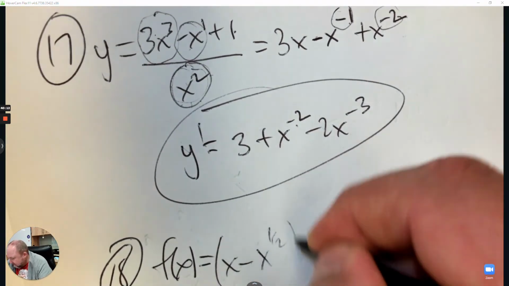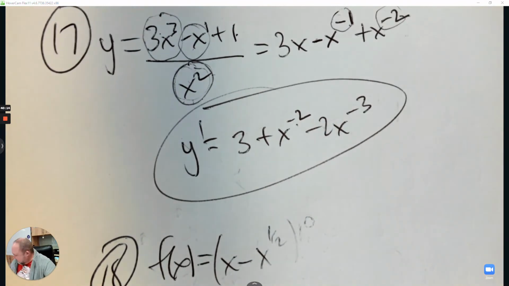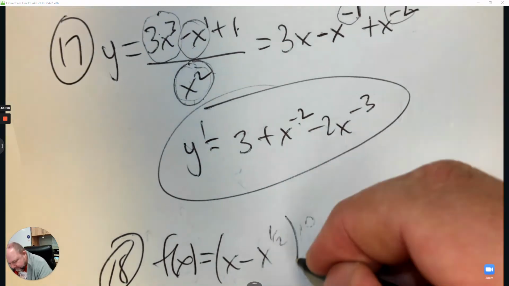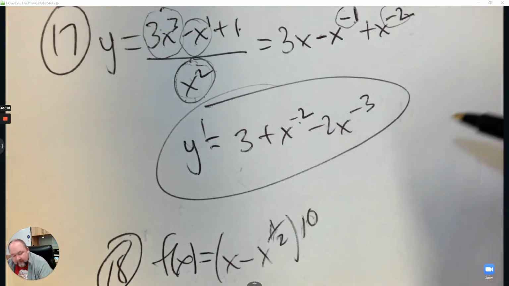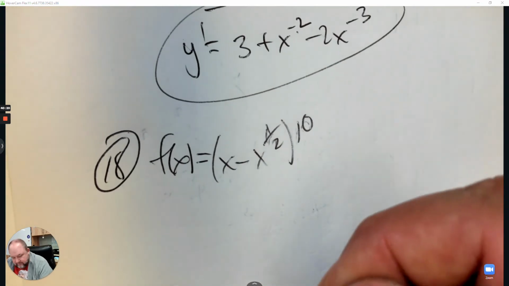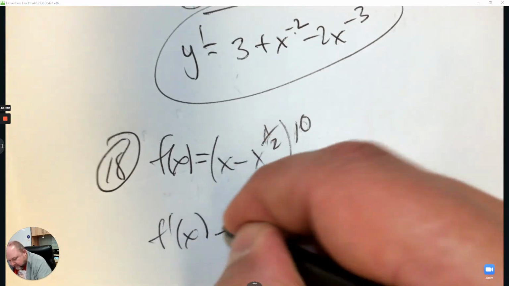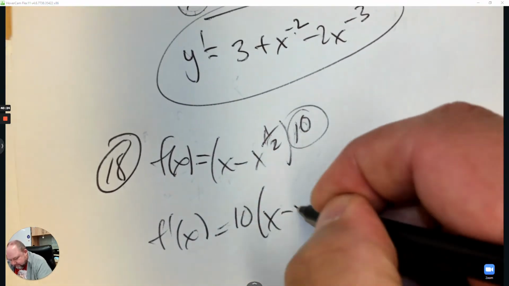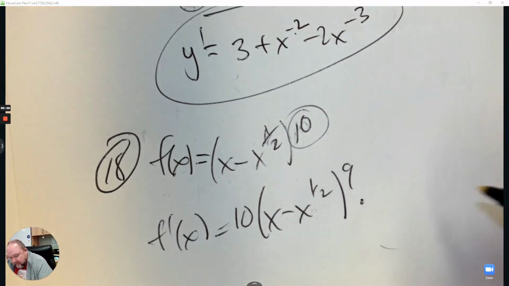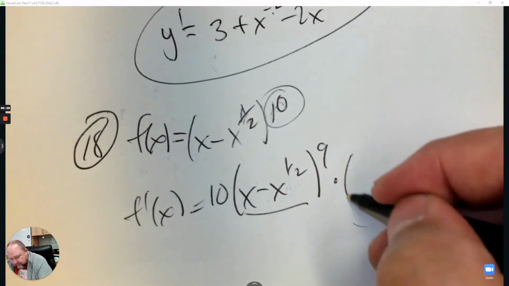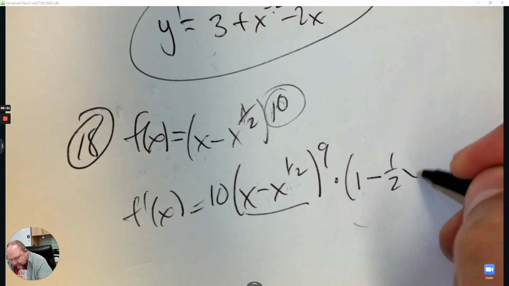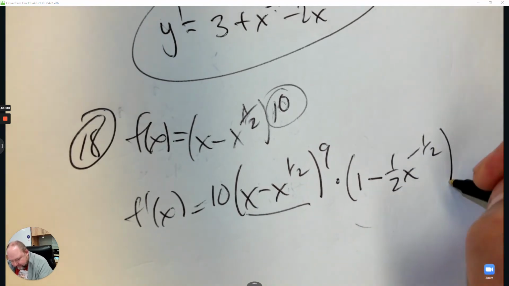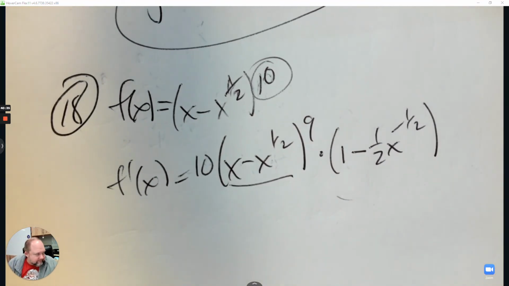Gonna write it calculus friendly right away. Uh-oh, I got another one. So to take the derivative here, start with the 10, and then the hook. So the derivative of x and the derivative of x, the 1/2, and you have your answer.